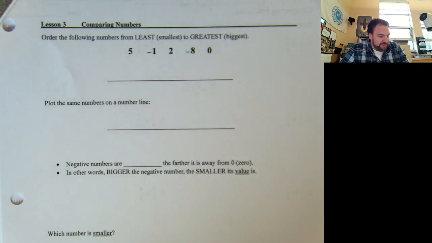So if I'm going to order these things from least or smallest to greatest, biggest, so I'm starting on the left with the smallest numbers and I'm going to the largest on the right, what tools do we have at our disposal to do this? What should you immediately reach for?